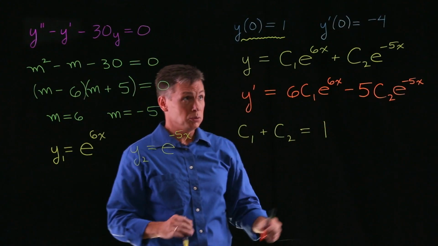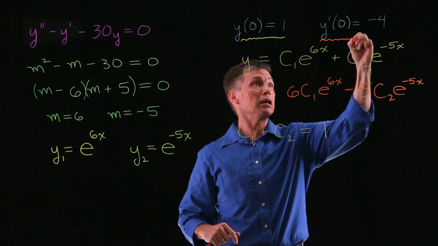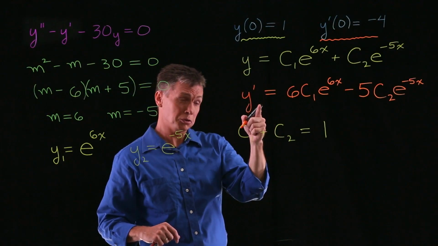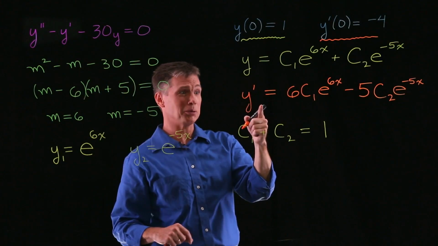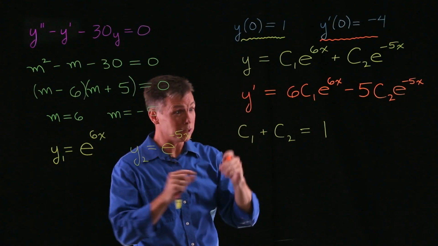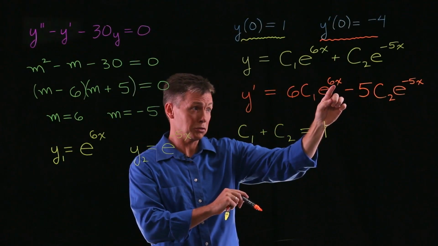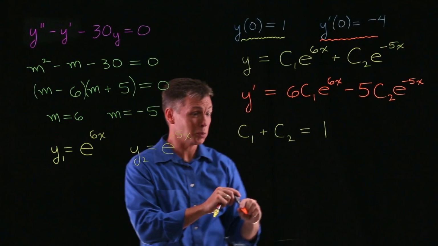Now to use your second initial condition, y prime of 0 equals negative 4, we'll put those specific values into your y prime equation, the orange equation. Again, so nice when they give us a 0 for x. This is going to be e to the 0 again, so it's 1, and that's e to the 0 again, which is 1.